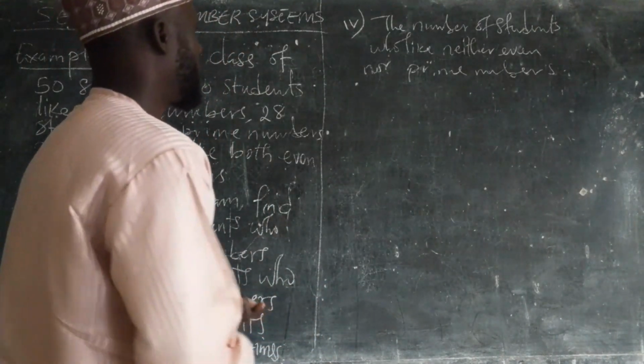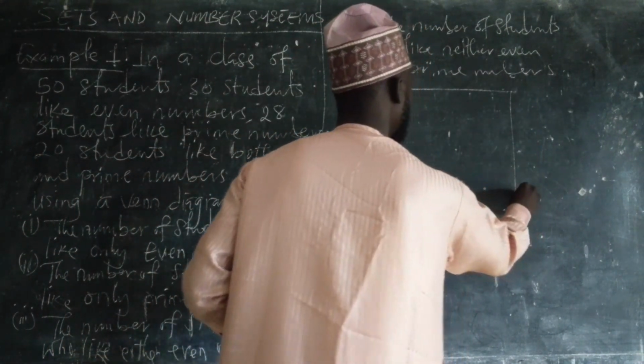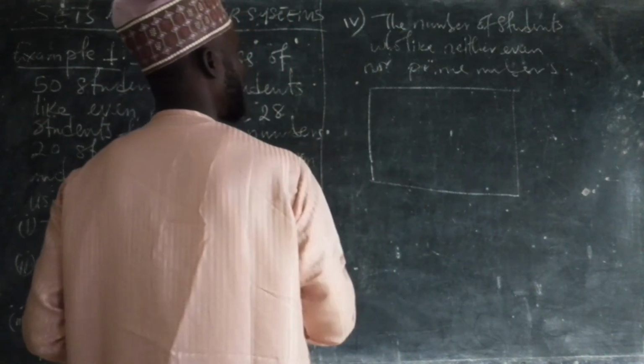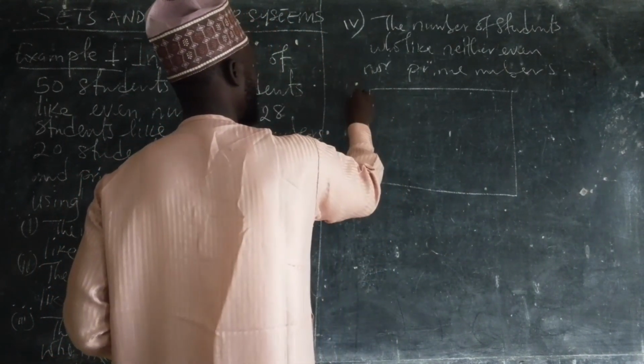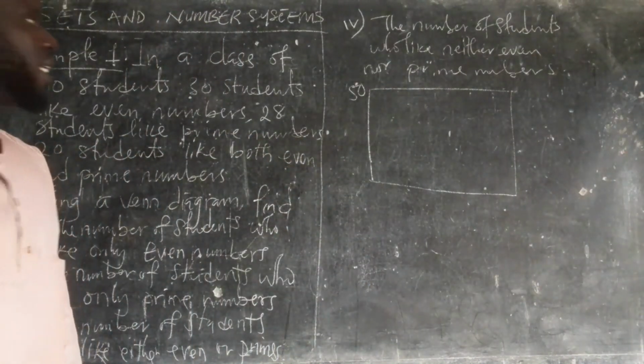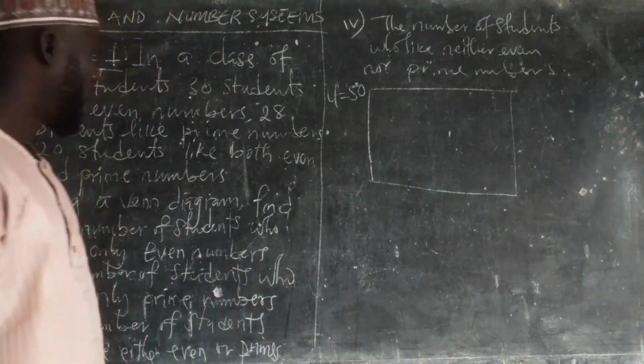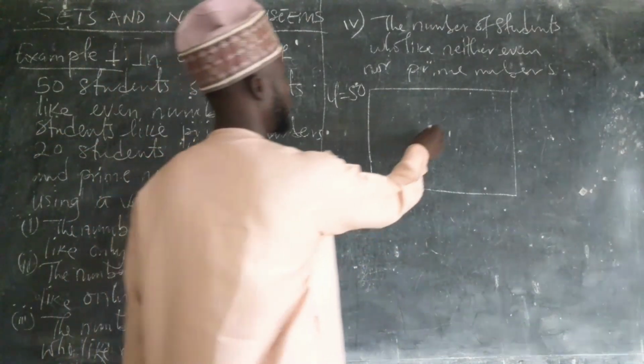So to solve this, we draw a Venn diagram. The rectangular part is the universal set, which is 50. We have 50 students inside this set, so U is equal to 50, and we have two sets to represent.